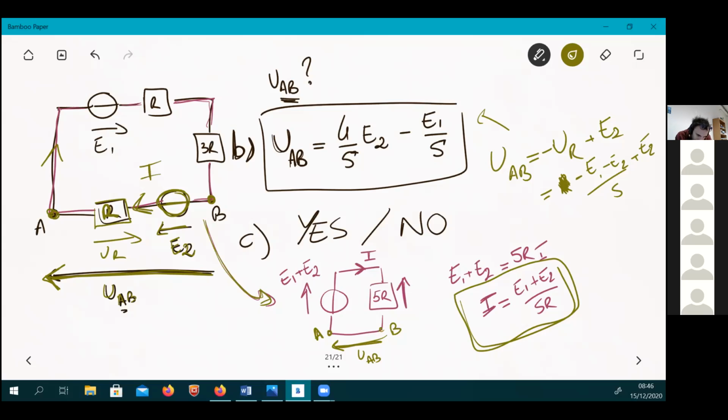And we're done. Is it clear for everyone? How do we know that UR is equal to minus E1 minus E2 over 5? UR here is, if you go back to the circuit here, sorry, UR is R times I. Receptor convention.